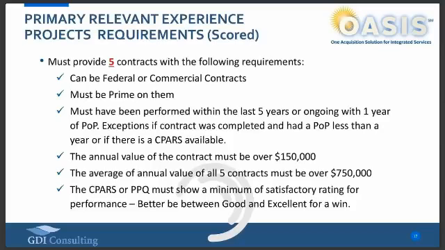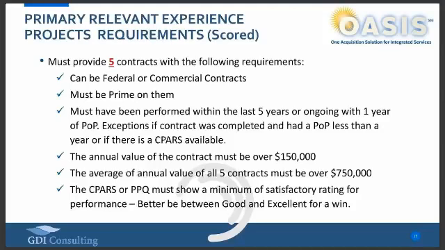So the contracts that you can provide must have been performed during the past 5 years, with at least, if they're ongoing, 1 year of period of performance. If the contract was completed and had a POP less than a year, and there is a CPARS, that's fine.